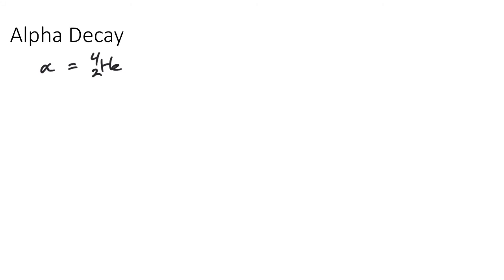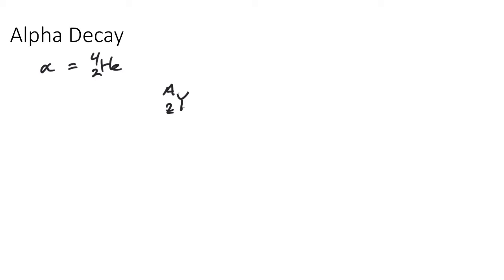And so it's common to have the process where you have some nucleus, let's call it Y. Y is an actual element, but I mean it to be a general name for an element here.